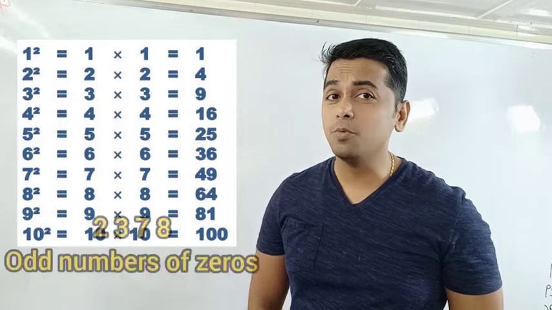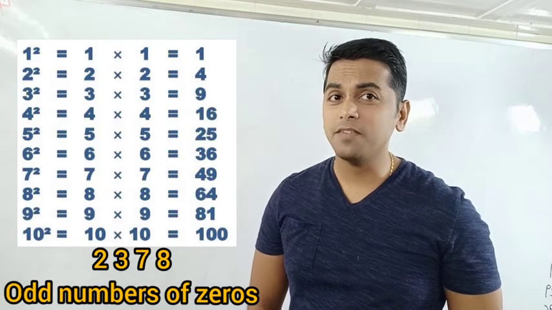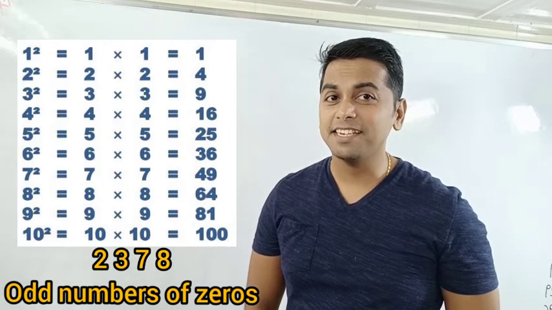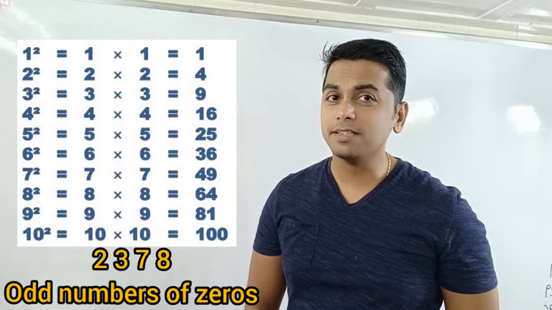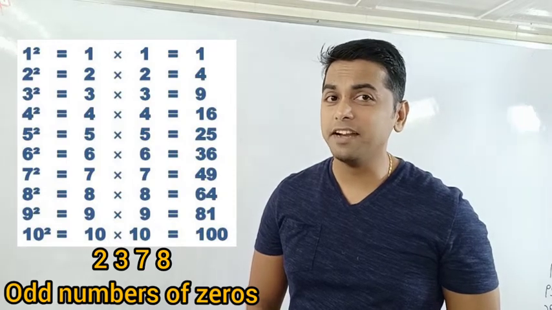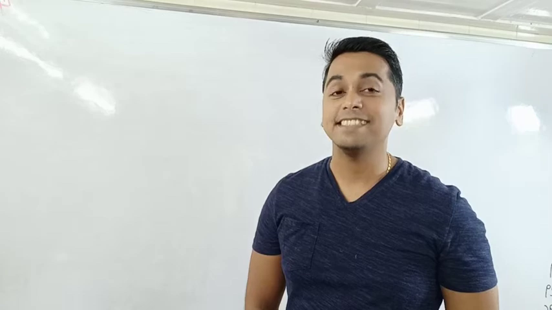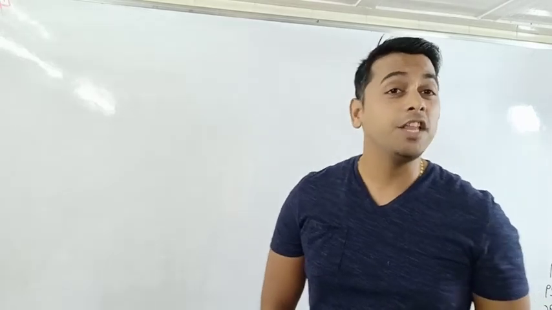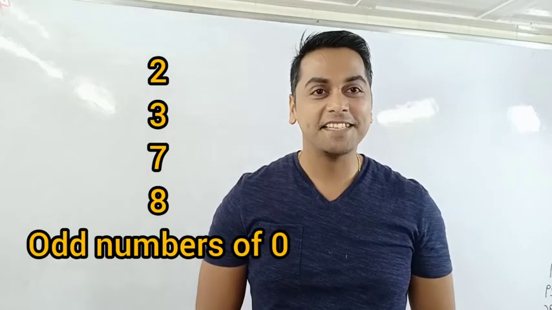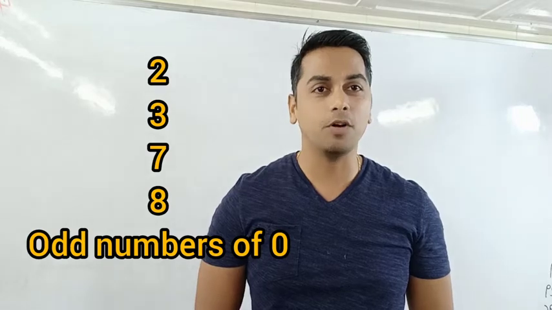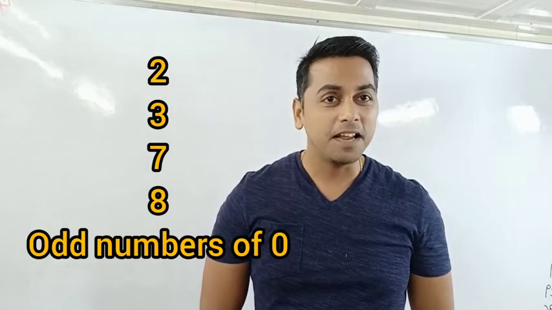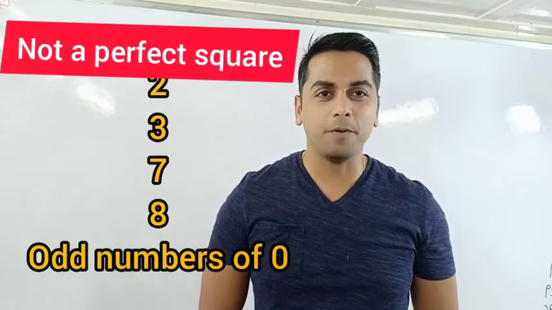Can you see 2, 3, 7, 8 or an odd number of zeros at the end? No. It means whenever 2, 3, 7, 8 or an odd number of 0s occurs in the unit place, the number is definitely not a perfect square.